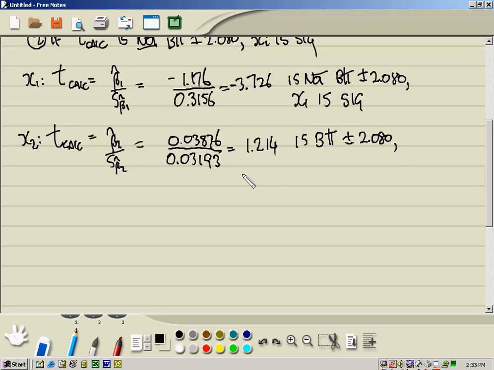So that t value is too close to 0, hence the beta coefficient is too close to 0, so it could be 0, so x2 is insignificant. The age of the senior citizen does not significantly help explain the y.